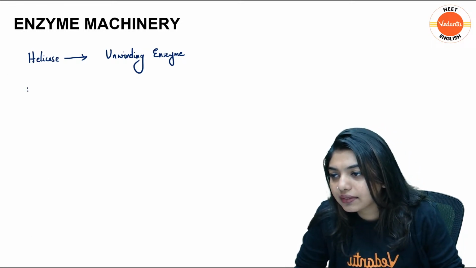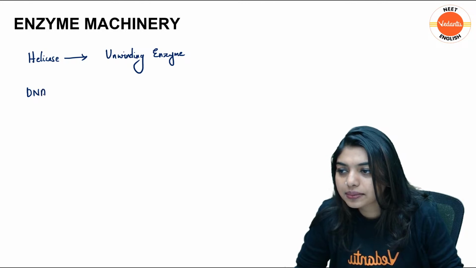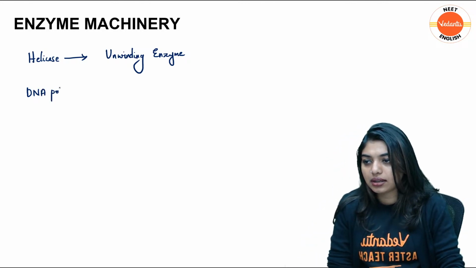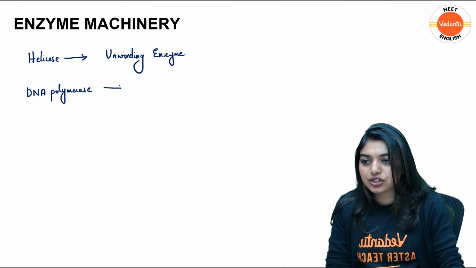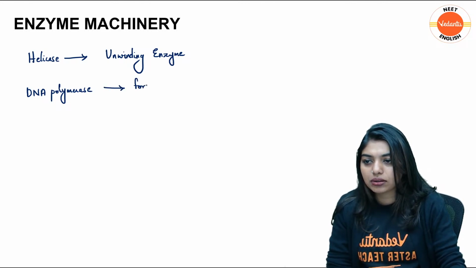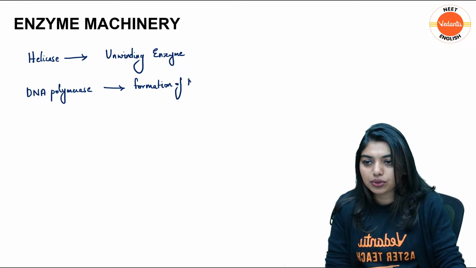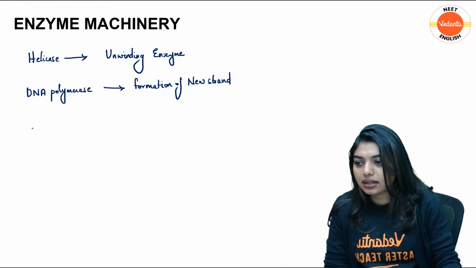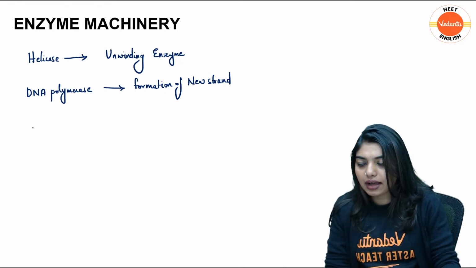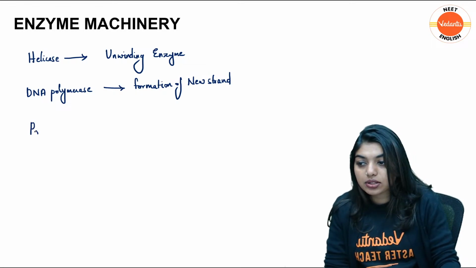Helicase. Second one is DNA polymerase, which will actually help in the formation of new strand. Then at the third, after the second, we have primase, because this person does not know how to go by itself.